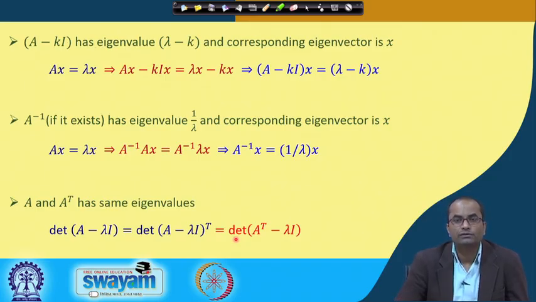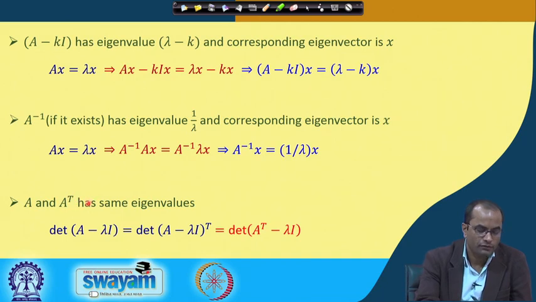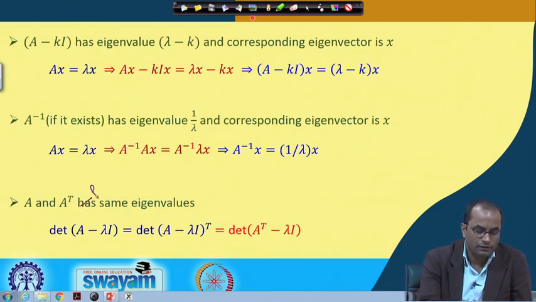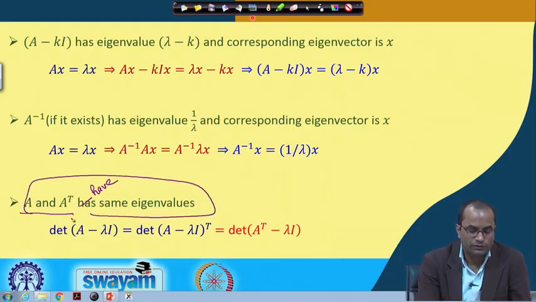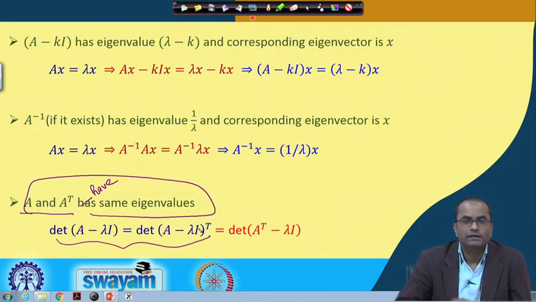That means they will lead to the same eigenvalues. So, A and A transpose have the same eigenvalues. That is another important result which we can easily find with the help of this determinant property.